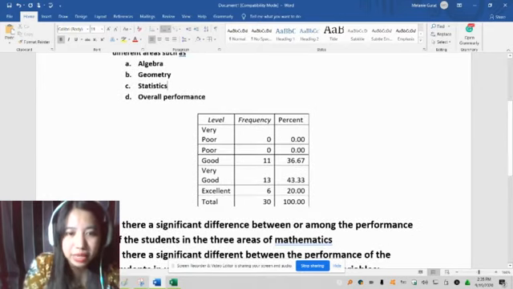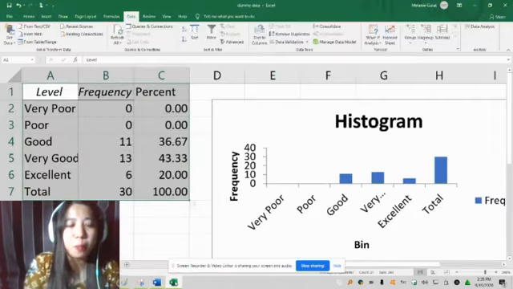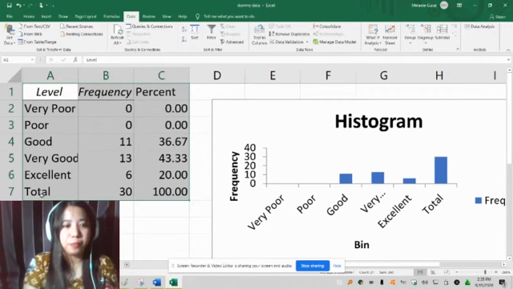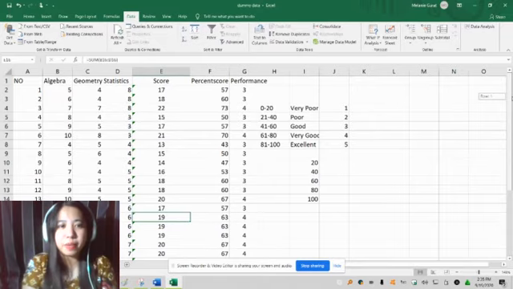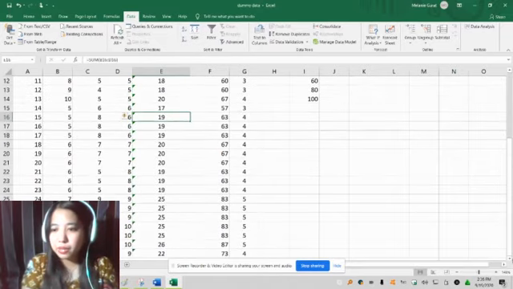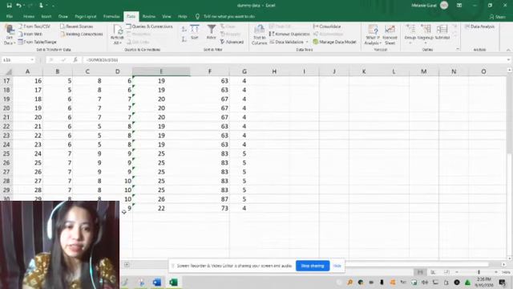So aside from this, of course, we need to get the overall also by computing for the mean. So let's go back to our data. So how will we compute for the mean of the score? And also let's consider the standard deviation.